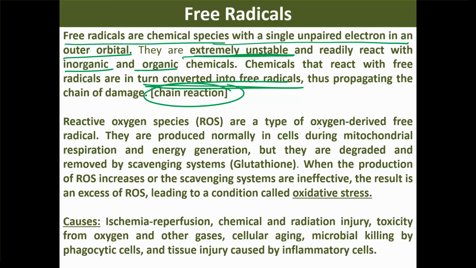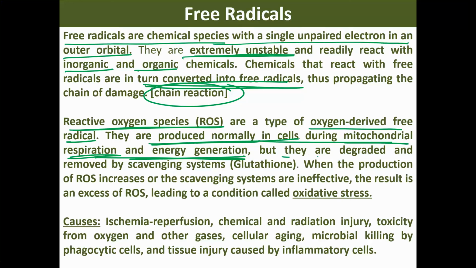For example, oxygen-derived free radicals, that is reactive oxygen species, are produced normally in cells during mitochondrial respiration and energy generation. This naturally produced reactive oxygen species is degraded by a scavenging system, the antioxidant system, for example glutathione.